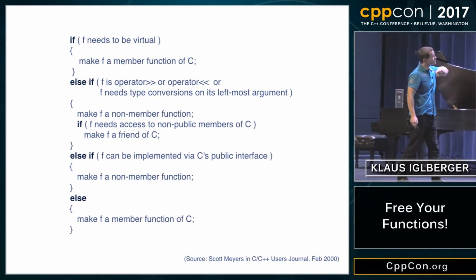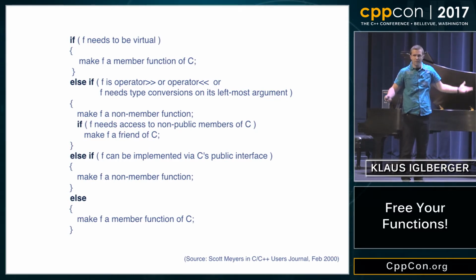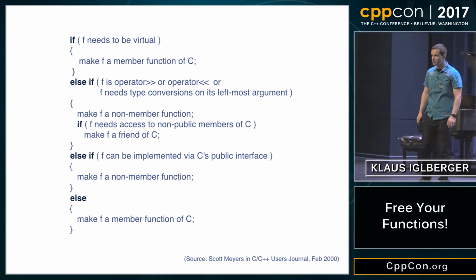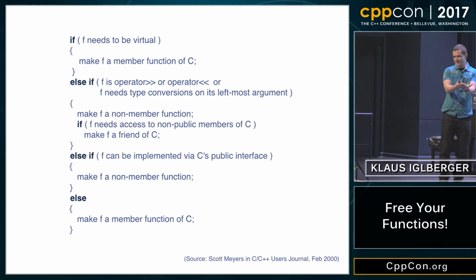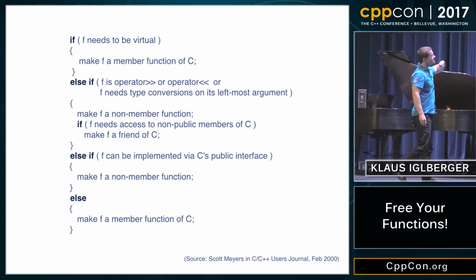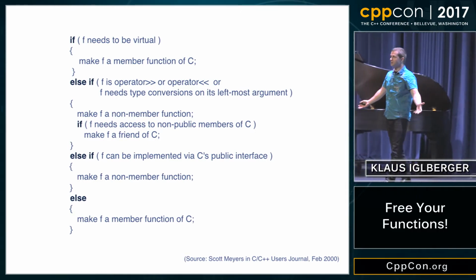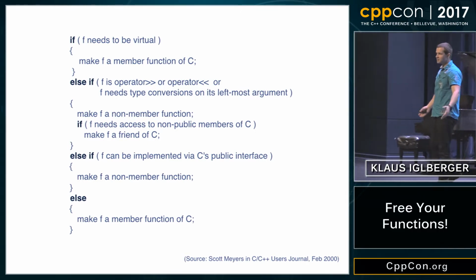If f needs access to non-public members of C, well, okay, this is true. If you need special access still, then make it a friend. This is reasonable. You still have the free function. It does have to be a free function, but it can access private data members. Else, if f can be implemented via C's public interface, okay, no question here. This is where the algorithm usually stops.